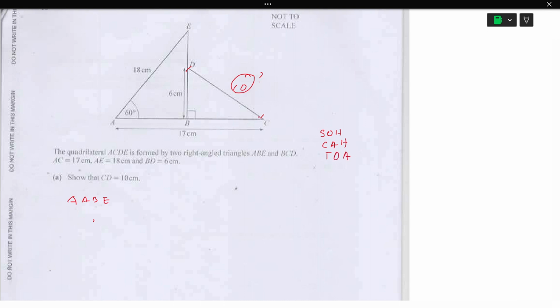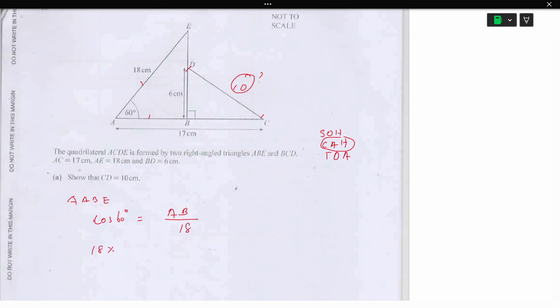So here adjacent and hypotenuse, because when we take this angle of 60 degrees, this is the adjacent and this is the hypotenuse. So cos 60 degree equal to adjacent AB over hypotenuse 18.